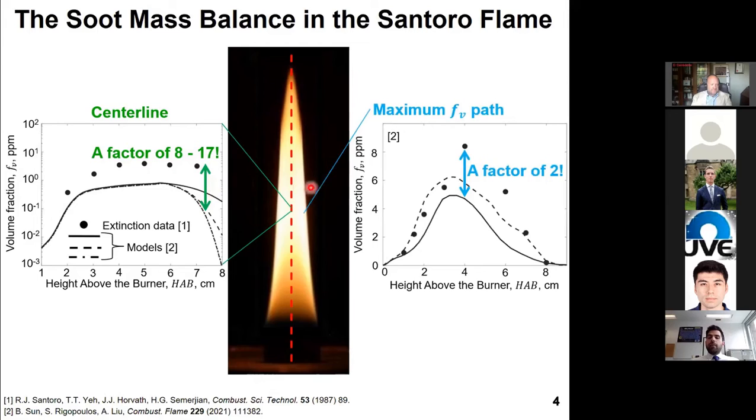Similarly, at the maximum volume fraction path of this Santoro diffusion flame, you can see that again, the volume fractions obtained by light extinction data are up to 2 times larger than those obtained by these combustion models. So this motivated us to verify the accuracy of these light extinction measurements in the Santoro diffusion flame.